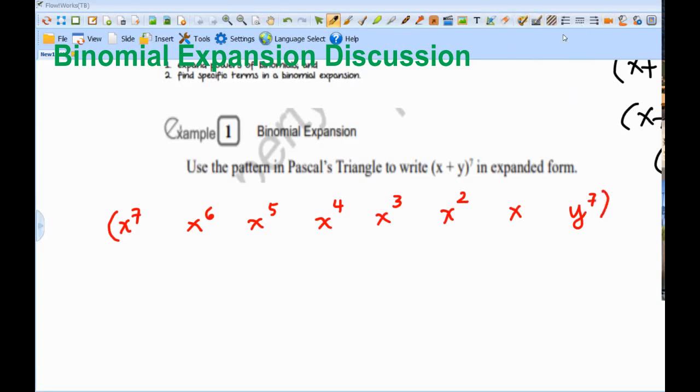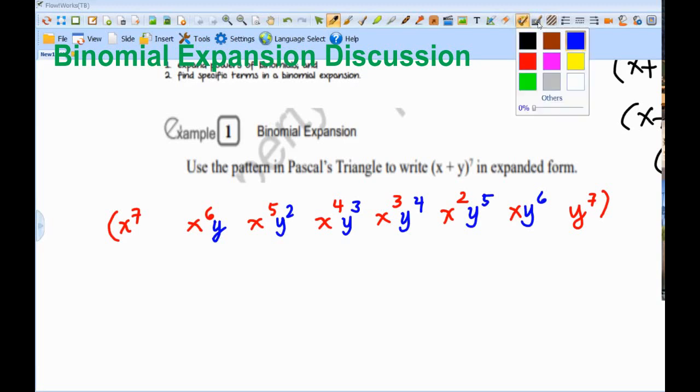Next, let's go to the y. Start from here: y, y squared, y cubed, y to the fourth, y to the fifth, y to the sixth, and then 7. Now, let's go to the variables.